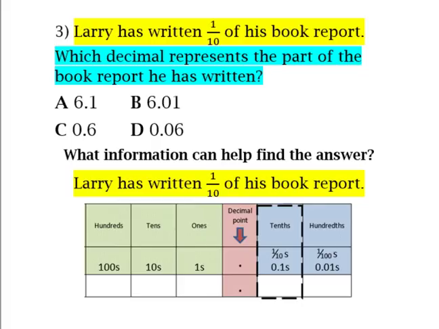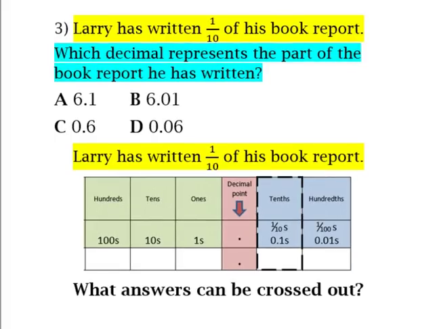A very important part is that Larry only wrote 1/10 of his book report. And of course, we need to have our place value chart to see exactly where 1/10 is. What answers can we cross out?